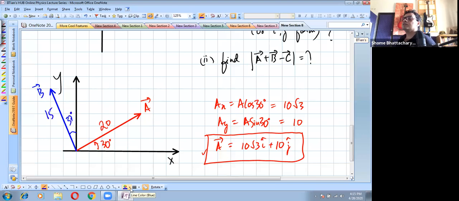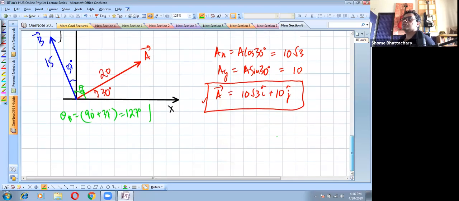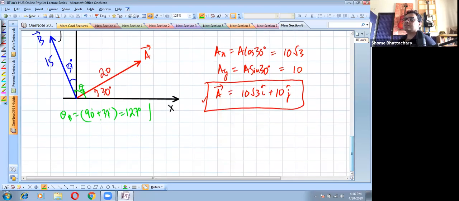So now the thing that you have to understand is that the total angle that the vector B is making, that theta for B, is actually 90 plus 37 or 127 degrees. So don't make the mistake of taking theta for B as 53 degrees or 37 degrees. You have to understand that it's in the second quadrant such that this angle is 53.